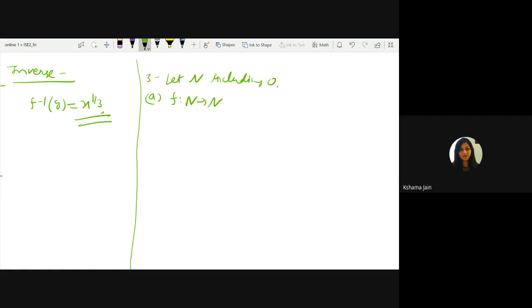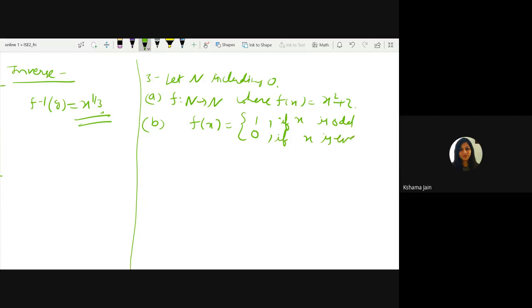The first is f(x) equals x square plus 2, and the second is f(x) equals, you people only will discuss, I am not going to do this, x plus 1 if x is odd and x minus 1 if x is even.